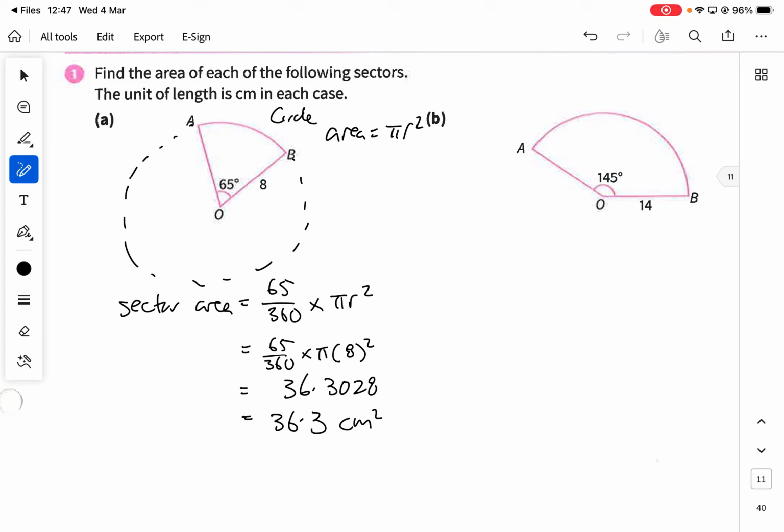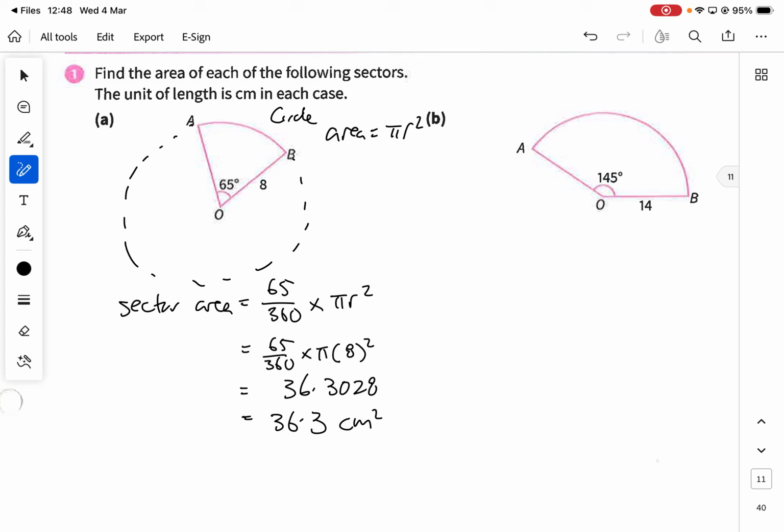That is the proportion of the, every 1 degree, I need to divide by 360. Then when I want 65, that's why I multiply 65 also. So become 65 over 360.